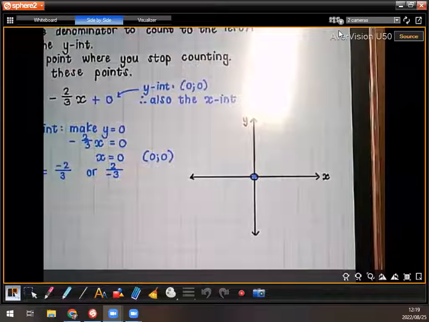Okay, guys, now I'm going to count using both of these fractions to show you that you get the same line. You're just going to get a different point on that line, but it's fine, it doesn't matter.